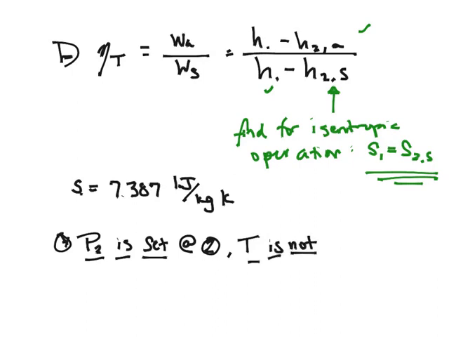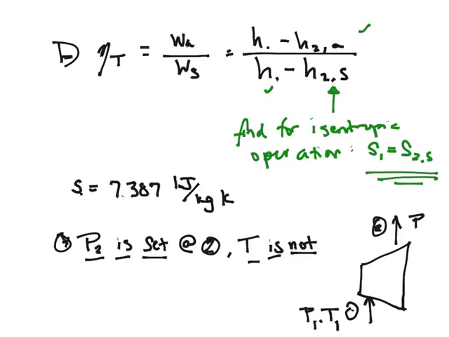Going into our turbine, at 1, at our inlet, we know P1, T1. We know what we're feeding into the turbine. But at 2, the only thing that's really set is P2, the pressure at the outlet. T2 is going to be dependent on how that turbine operates, and that's what we're going to use to find our second state.